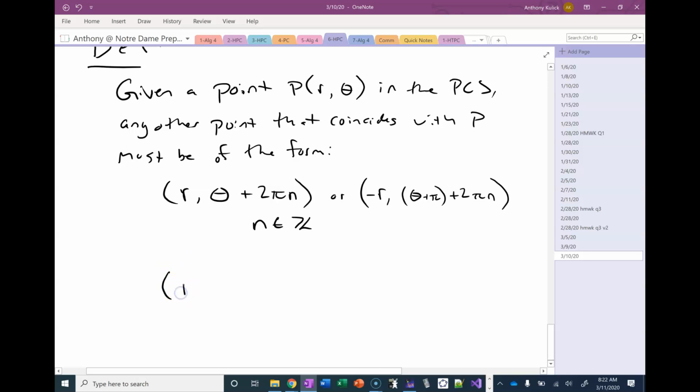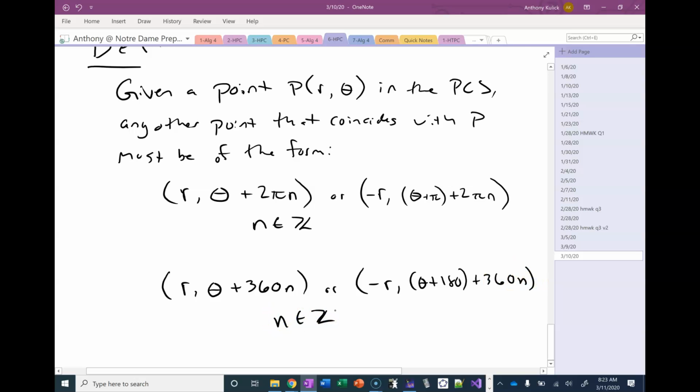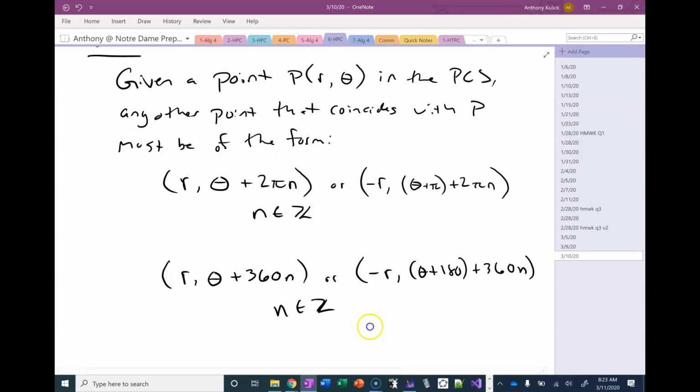We could also describe this situation using degrees as well.